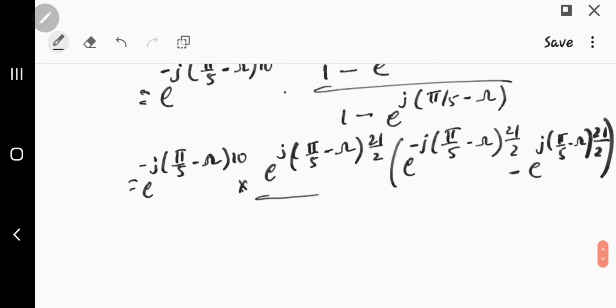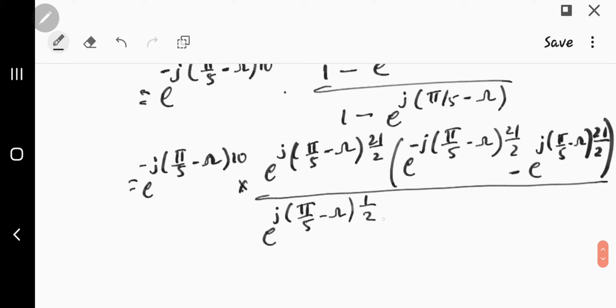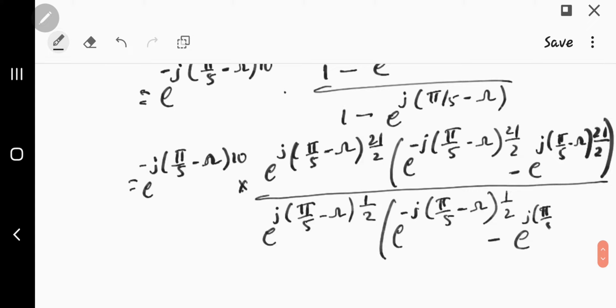So this whole thing divided by e power j pi by 5 minus omega. So power is 1, so I will take 1 by 2 into e power minus j pi by 5 minus omega 1 by 2, minus e power j pi by 5 minus omega into 1 by 2.